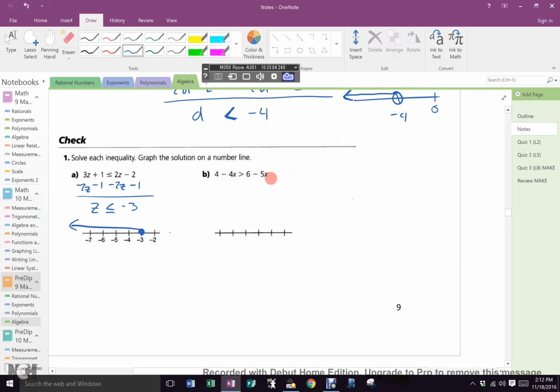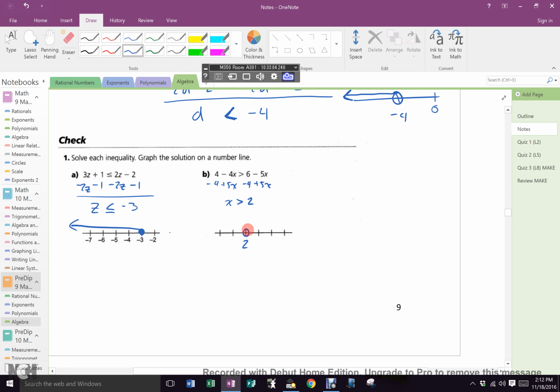Now this one, which is smaller? No! -5 is smaller than -4 because it is further to the left. Plus 5x plus 5x minus 4 minus 4. X greater than 2. There's 2. What kind of dot, Hallie?